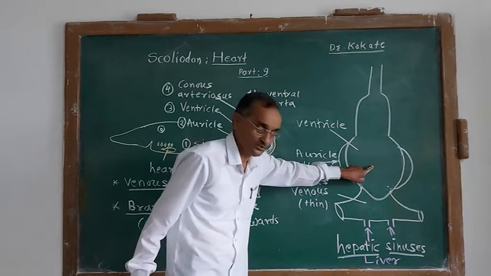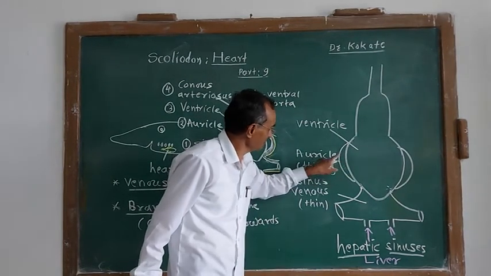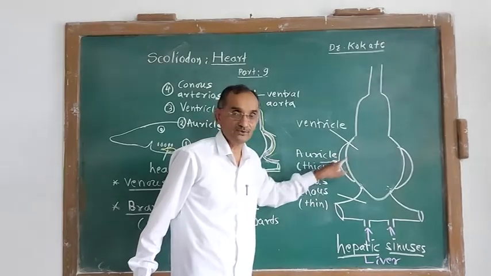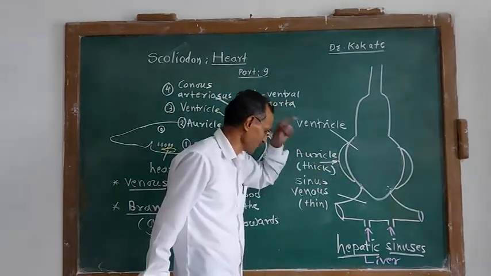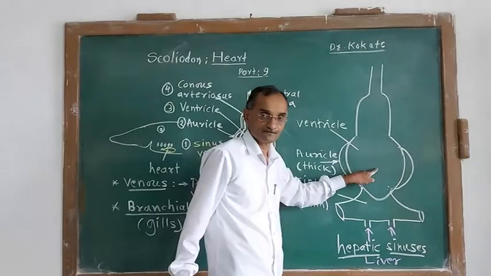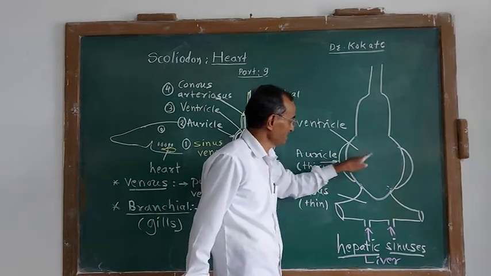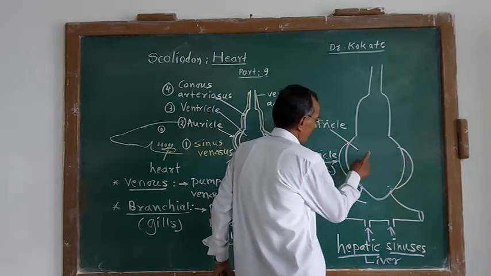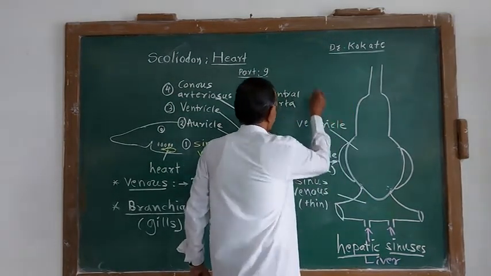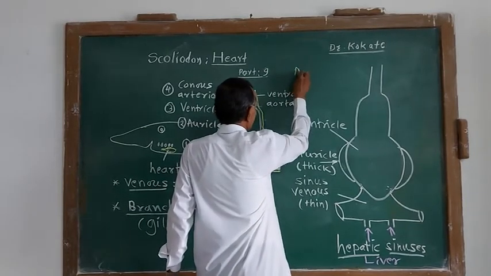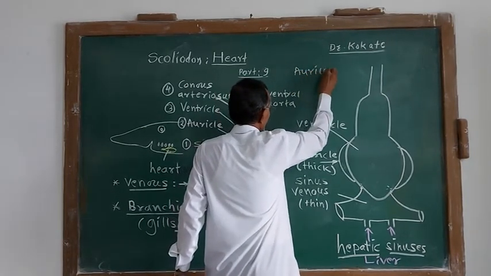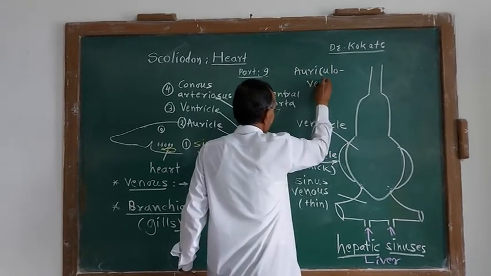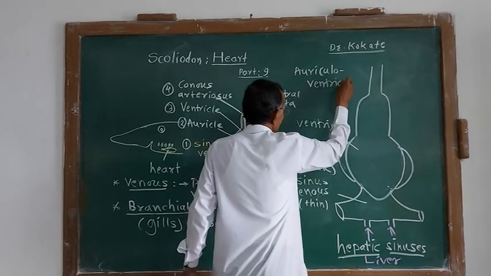Similarly, the auricle opens into the ventricle, and that opening is called the auriculo-ventricular opening. So this auricle opens into the ventricle by an auriculo-ventricular opening. Auriculo means auricle. Ventricular means ventricle.